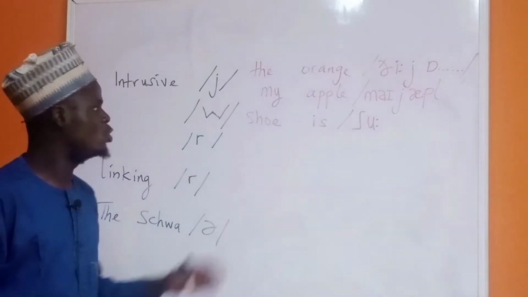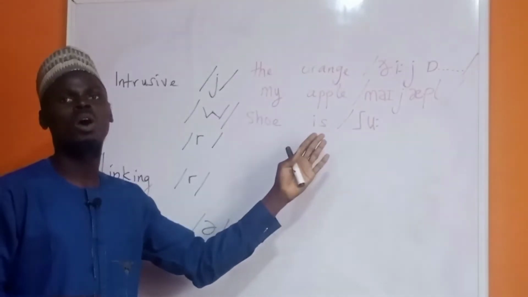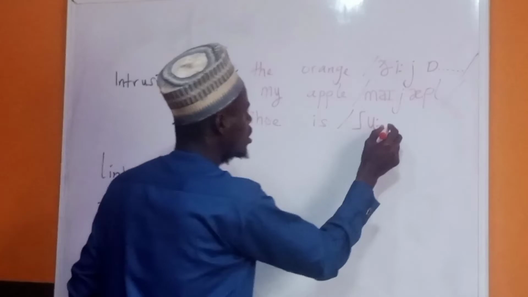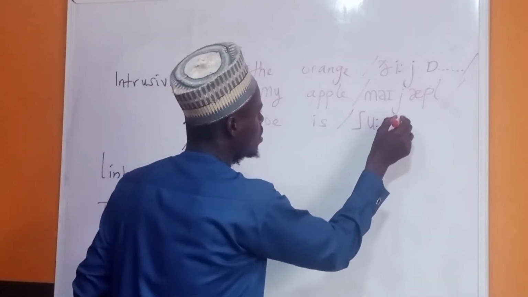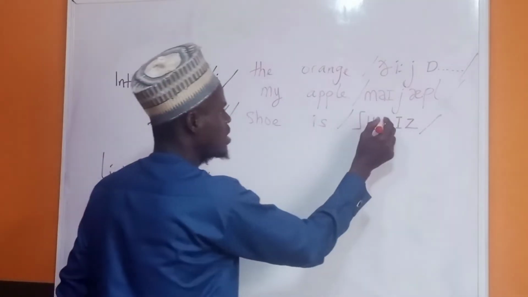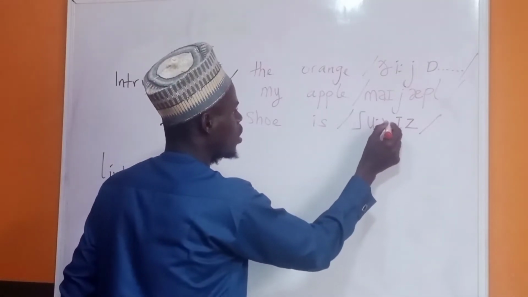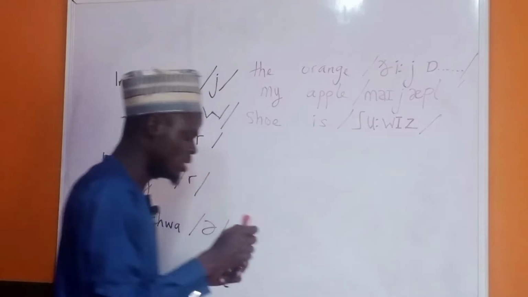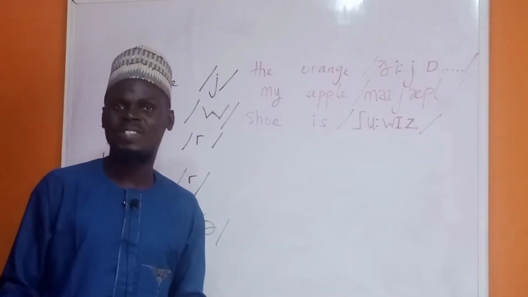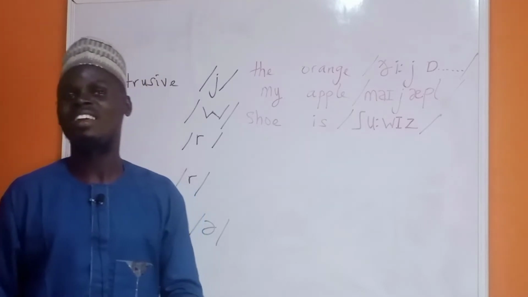When you want to do this, you link the two together with a wa, which is called intrusive wa. You now say shoe, then is. Now the rule says you bring an intrusive wa between the two. You now say, my shoe is there, my shoe is there.